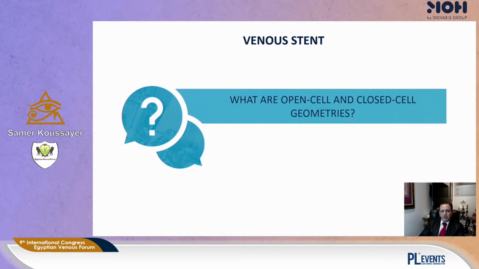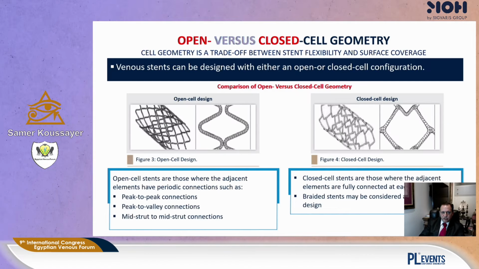So what are open cell and closed cell geometry? You hear about open and closed cell. Let's talk about the open cell design. Open cell designs are those where the adjacent elements have periodic connection, very small connection, because it's more rigid. The open cell have more connections: peak to peak connection, peak to valley connection, and mid strut to mid strut connection.